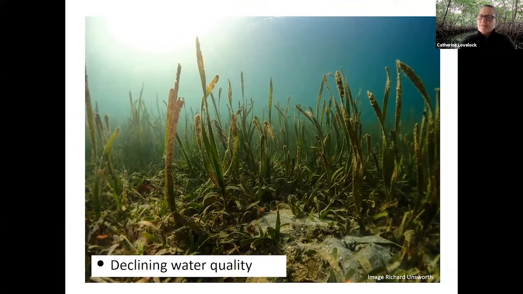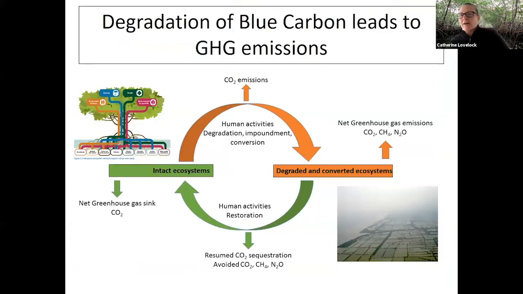Despite the fact that they're really important for regulating CO2 in the atmosphere, and for offering all sorts of other ecosystem services, they've declined. One of the consequences of that degradation is greenhouse gas emissions. We go from nice intact systems that are greenhouse gas sinks, and when we impound, degrade, and convert them, we lead to CO2 emissions.